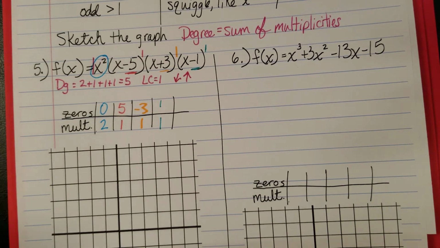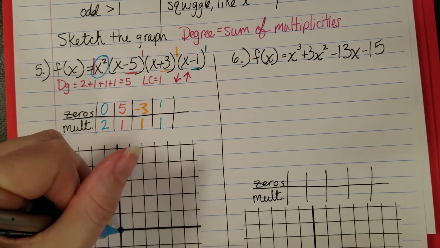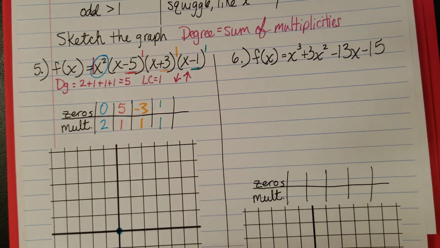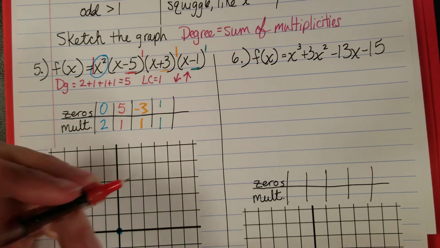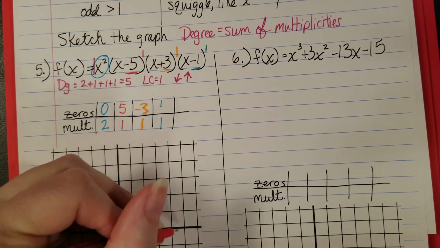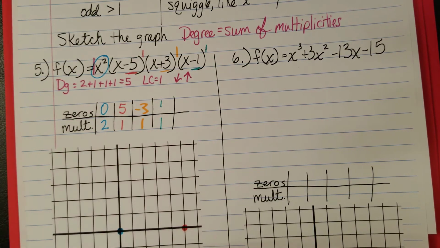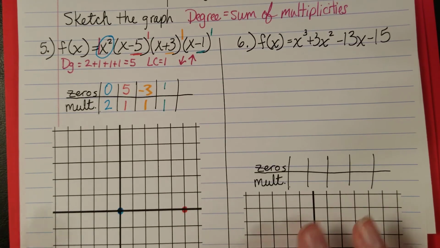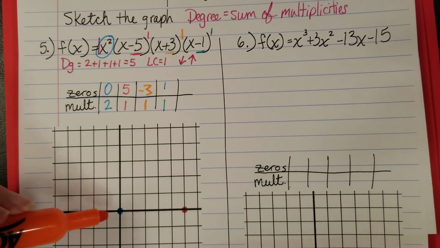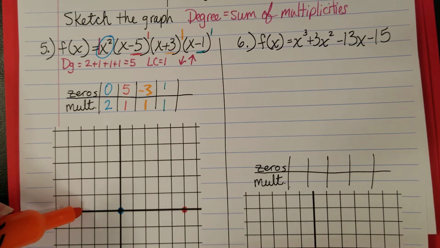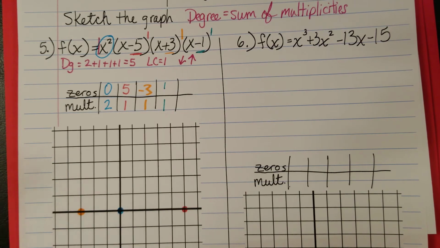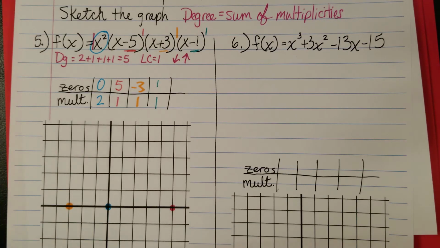Let's go ahead and plot our zeros. So there's that one. 1, 2, 3, 4, 5. Negative 3, and 1.